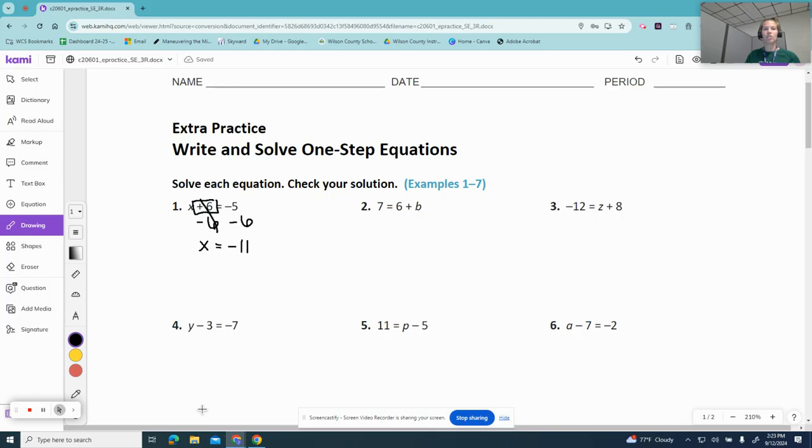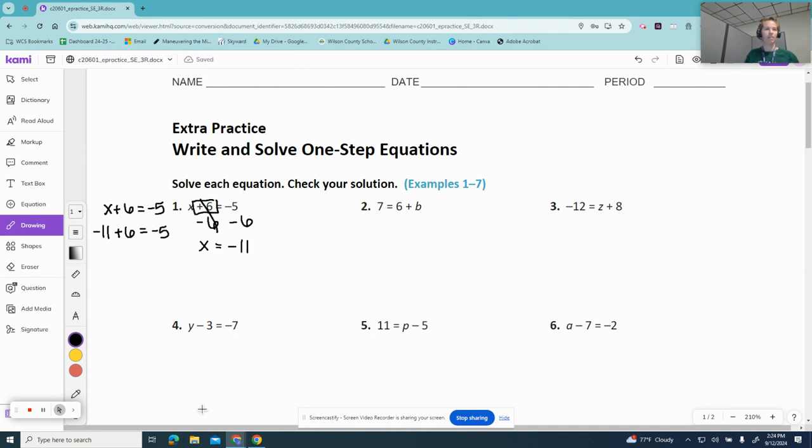We can substitute this back into our original equation, which was x plus 6 equals -5. Okay, well, if x is -11, that is saying -11 plus 6 equals -5. And is this true?